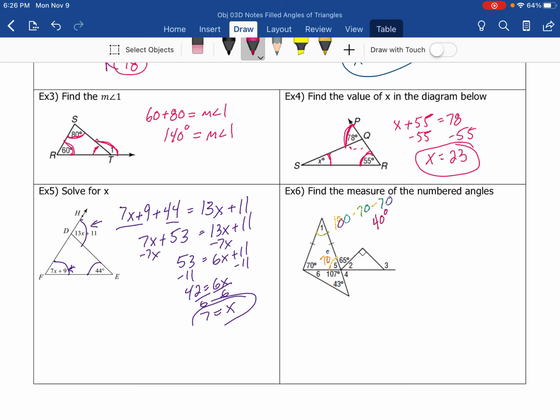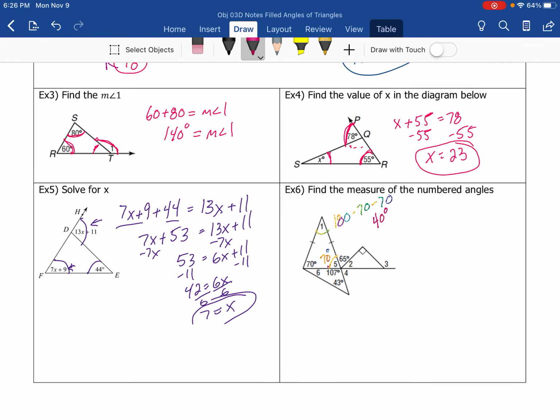All right. So from here, other things that I know: the 3 angles on a straight line add to be 180. So I know 70 plus 65 plus the measure of angle 2 is equal to 180.